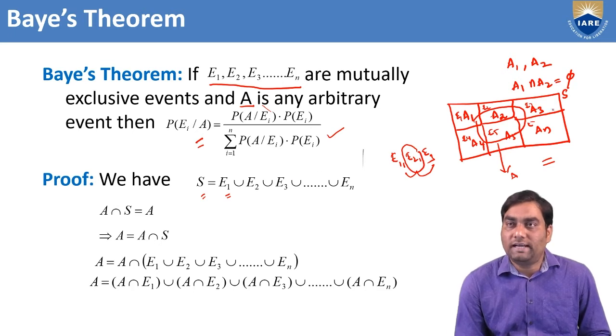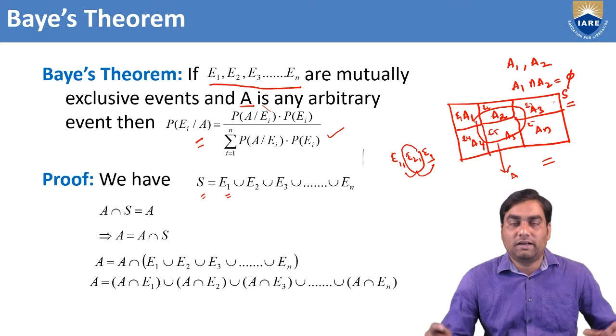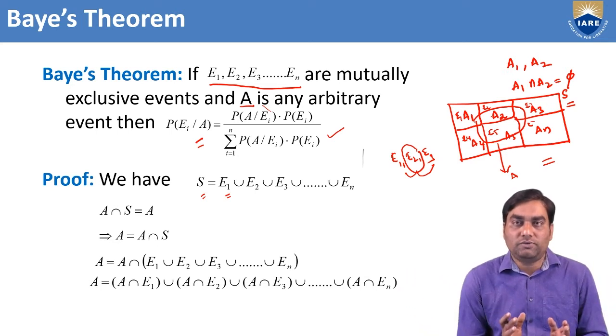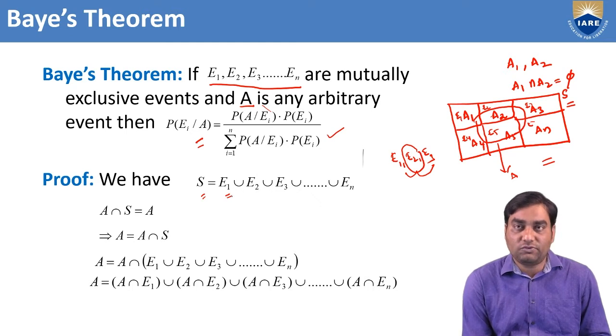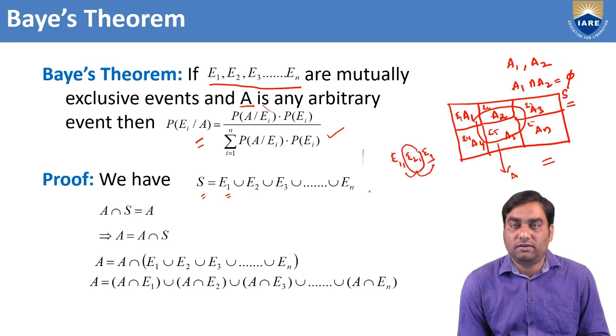Add them all, we will get the sample space. Yes or no? In any random experiment, combining all the mutually exclusive events will give the sample space, because all of them are mutually exclusive events. So we can write S equal to E1 union E2 union E3 and so on.